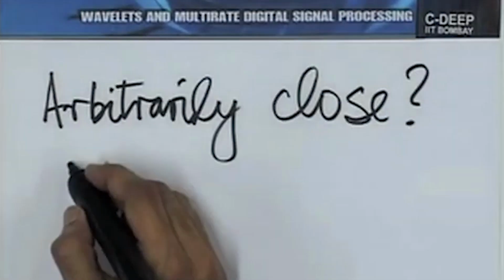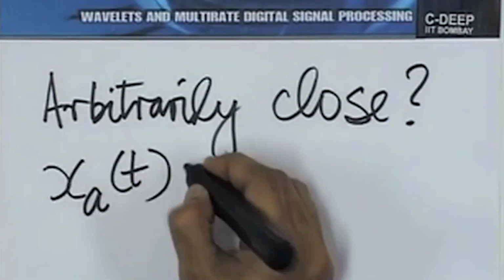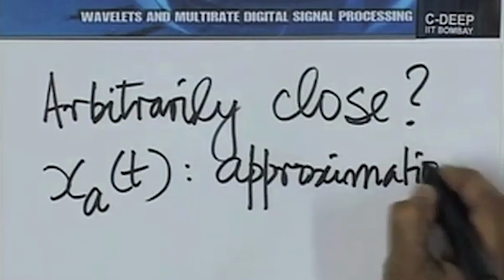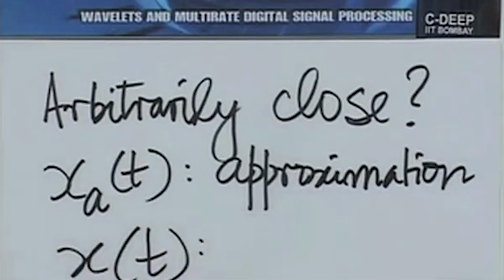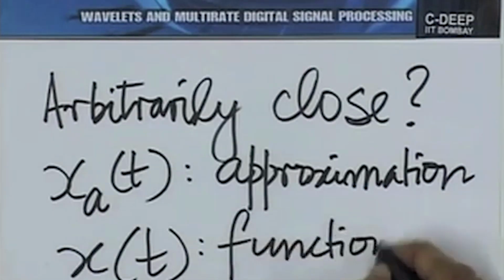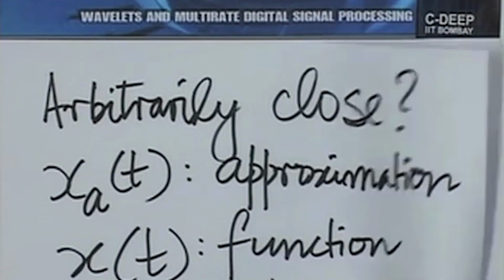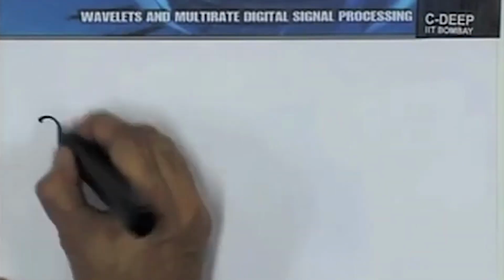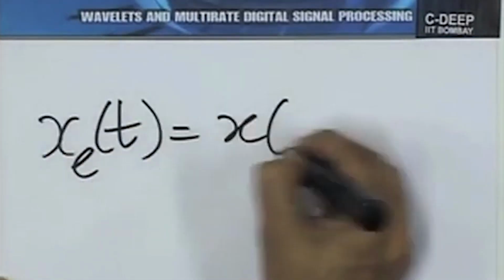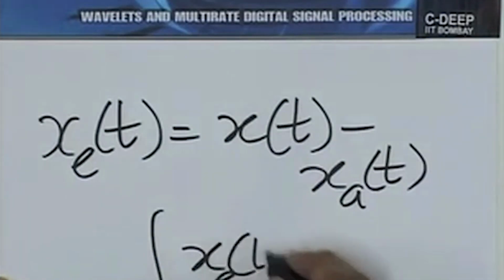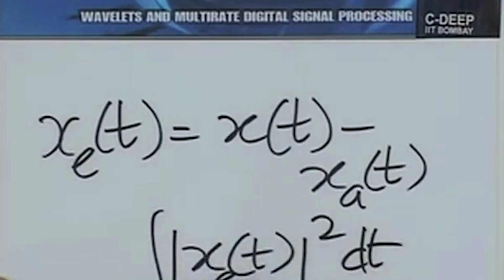In the sense, if x a is the approximation at a particular resolution, and if x t is the original function, then if we take what is called the squared error, so we look at x e t, that is x t minus x a t, and integrate the modulus of x e t whole squared over all t.